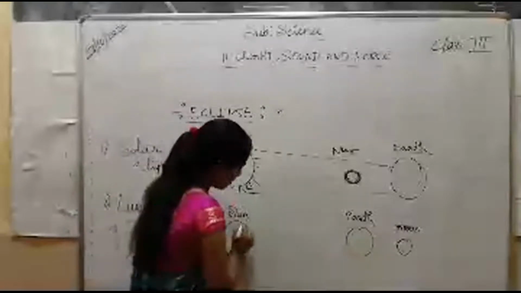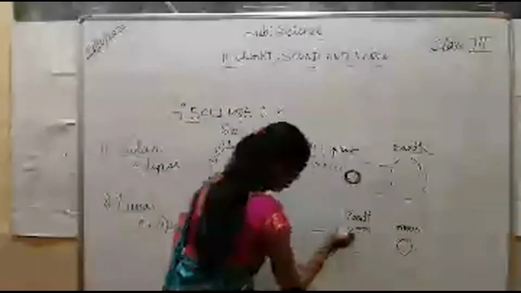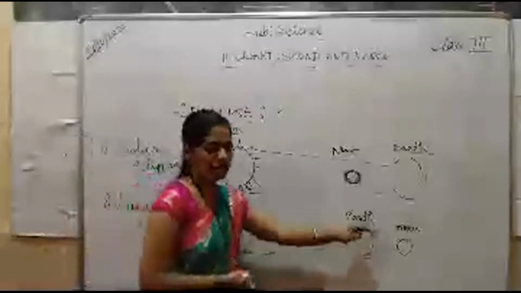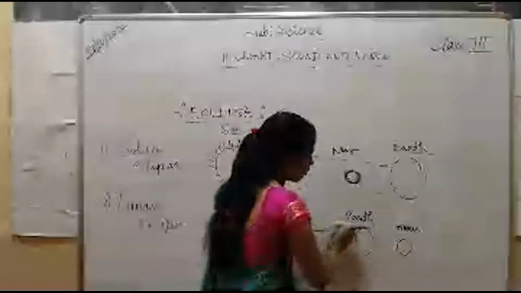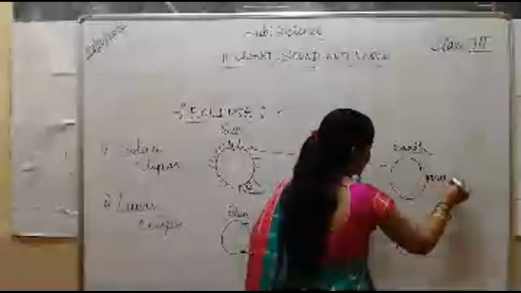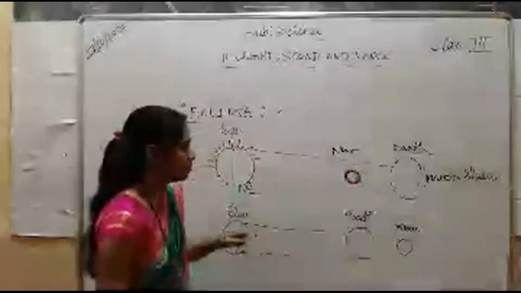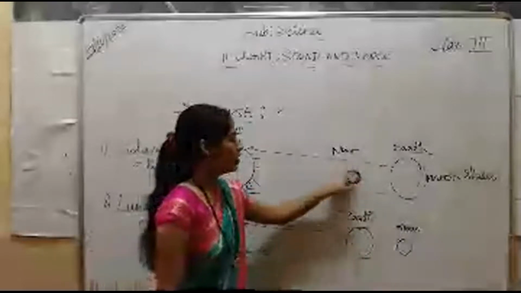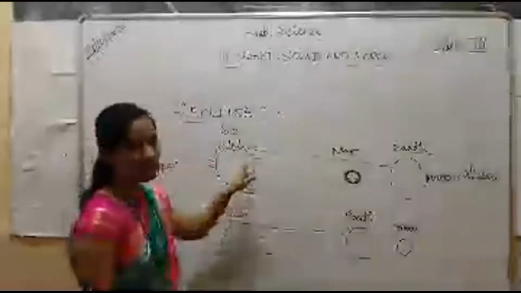The sunlight travels in a straight line, and if the earth enters the way of the light and blocks it, the earth's shadow falls on the moon. Here the shadow is formed on the opposite side of the object that blocks the light.